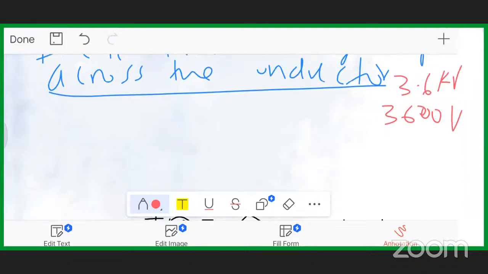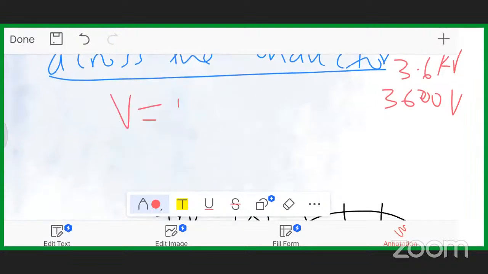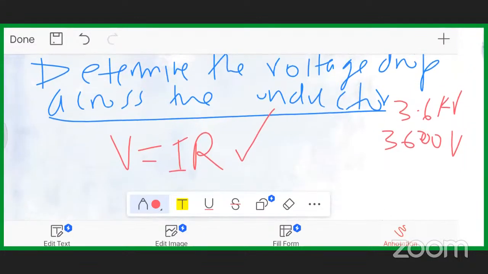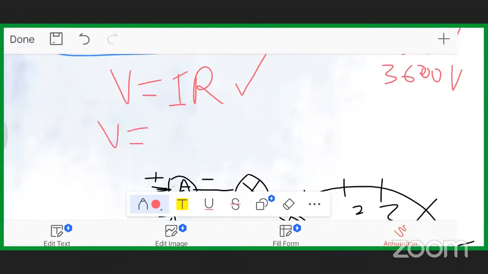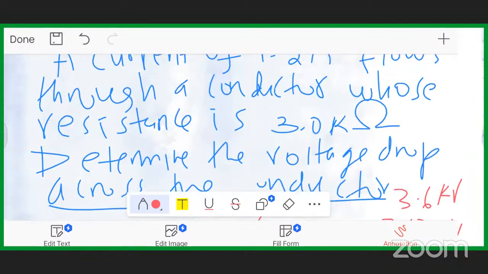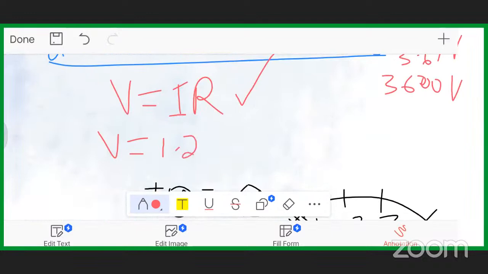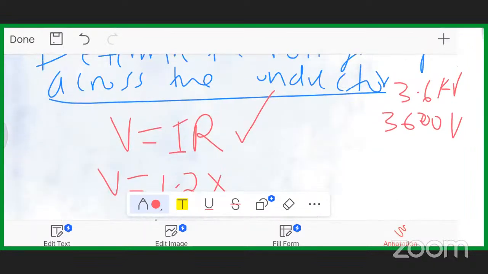Very good. So the formula says that V is equal to IR. If the question has 3 marks, the first marking point is on that particular formula. From there, we ask, what are we looking for? We are looking for the voltage drop. So V is equal to the current flowing, 1.2, times the resistance, and they must always be in the base SI unit.